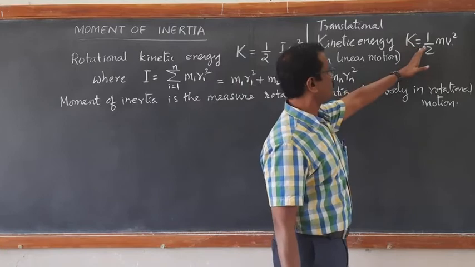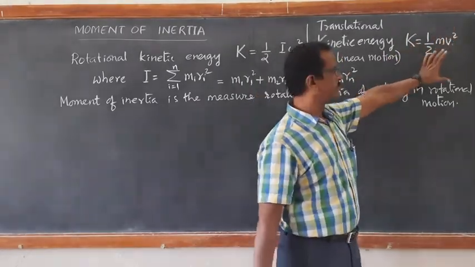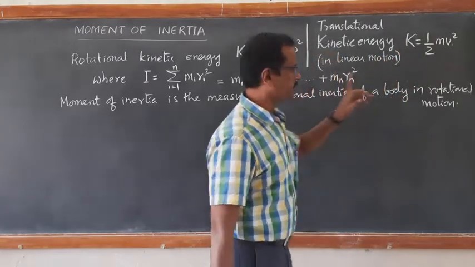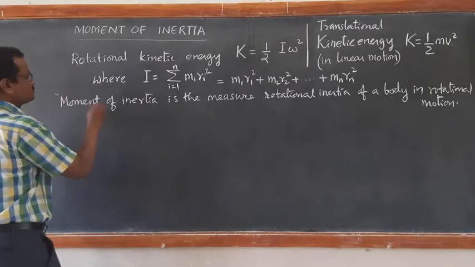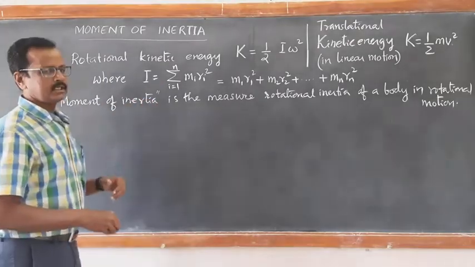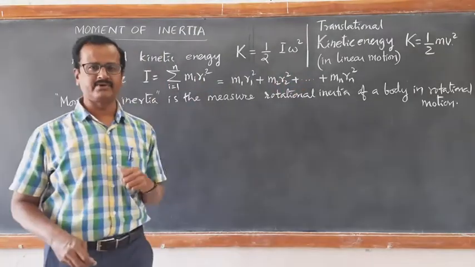Unlike the translational inertia of a body in translational motion, which is fixed and depends just on mass, the rotational inertia, that is moment of inertia, is not fixed. It depends on the way the masses are distributed from the axis of rotation.